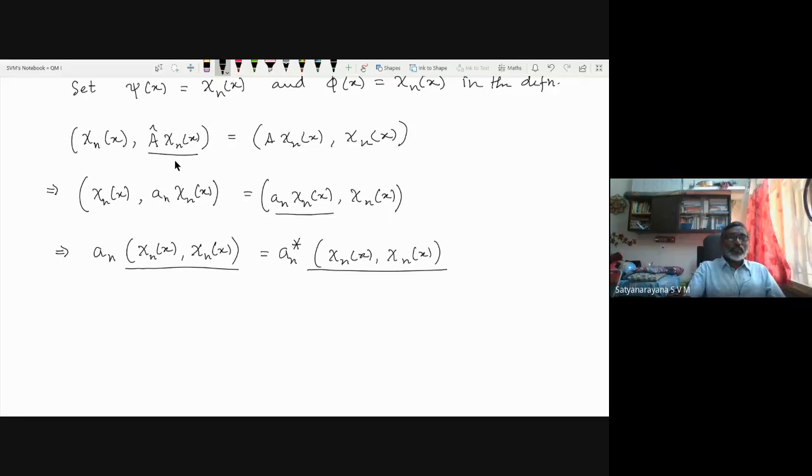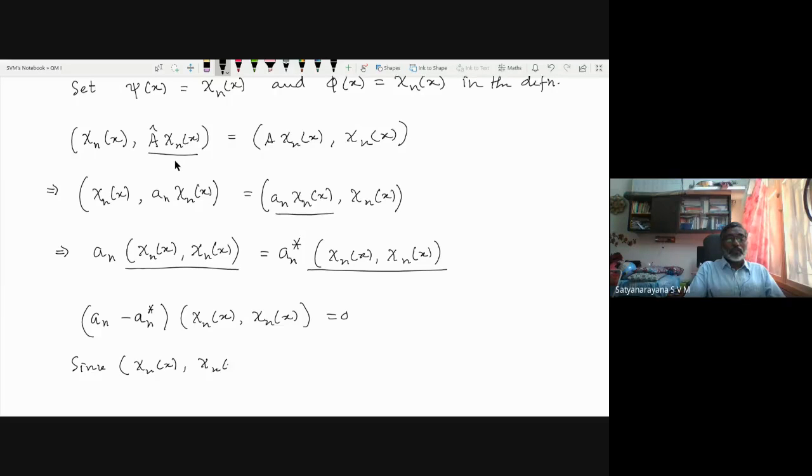So for any non-zero vector, this is not equal to zero. So this is basically (a n minus a n star) times (chi n of x, chi n of x) equal to 0 if I take it to the other side, and since chi n of x is not equal to 0, it implies a n is equal to a n star.